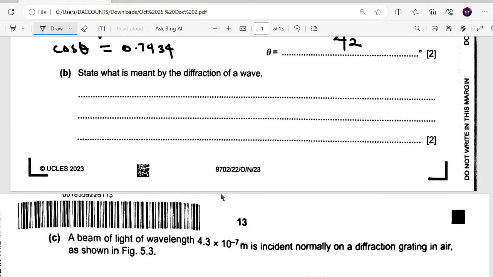The next question: state what is meant by diffraction of a wave.